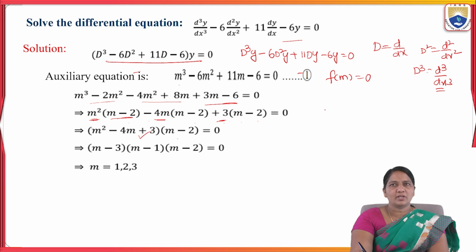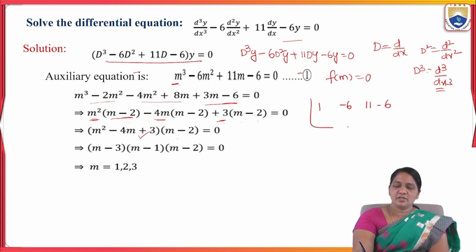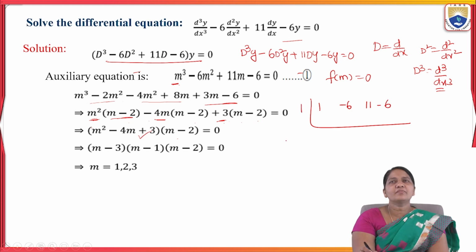Otherwise you can calculate the roots by using this method also. Here the m cube coefficient is 1, the m square coefficient is minus 6, the m coefficient is 11 and the constant is minus 6. First we take 1. Here we have to do a random check: for this first value, we see whether we get a root or not.